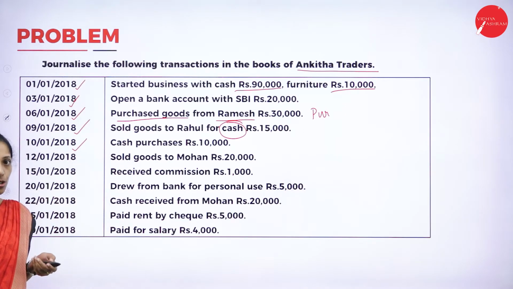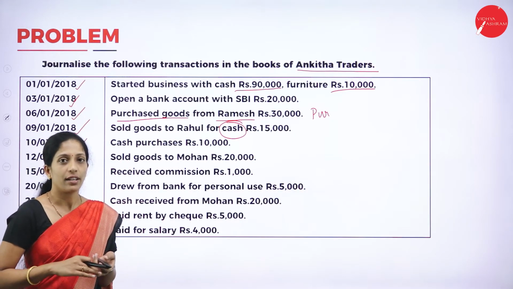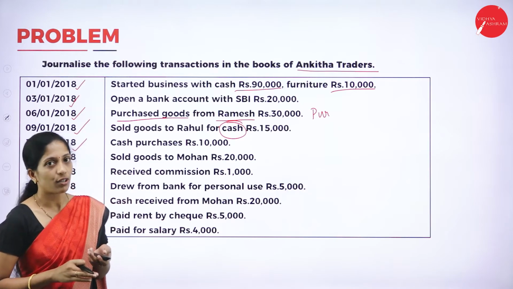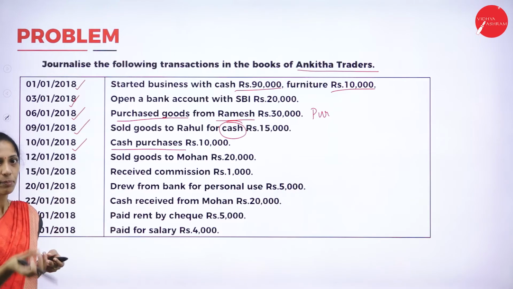Cash purchase. So here they have purchased on cash basis. So what is the entry? Purchases account debit to cash account. So purchase is nothing but they have purchased the goods.